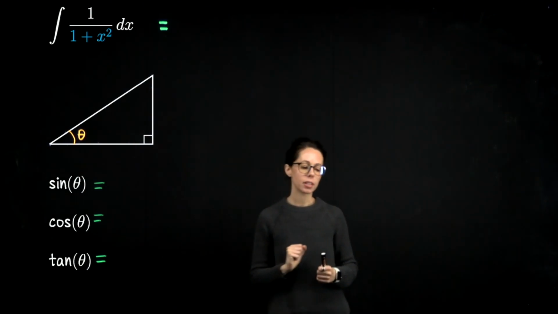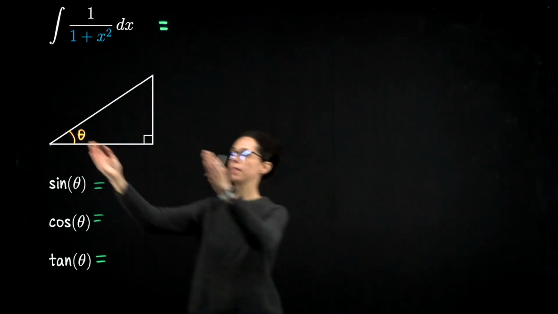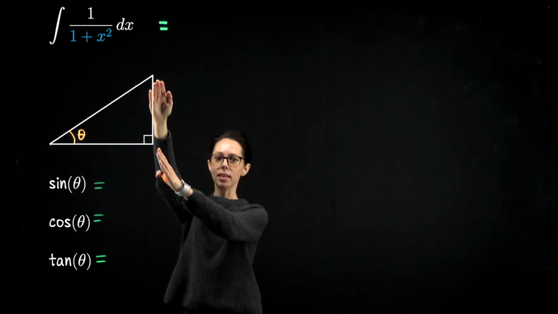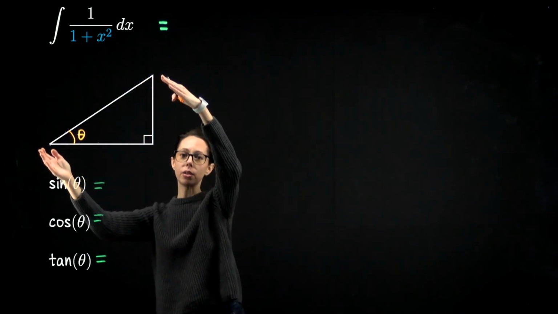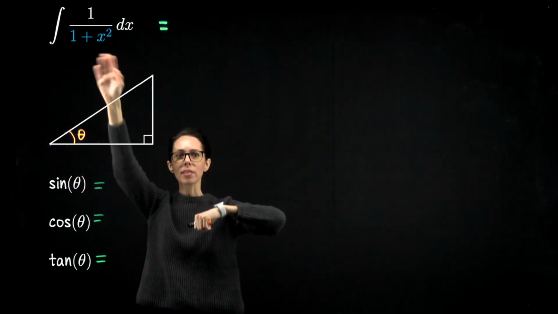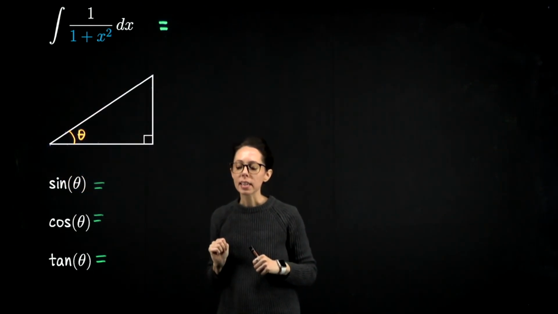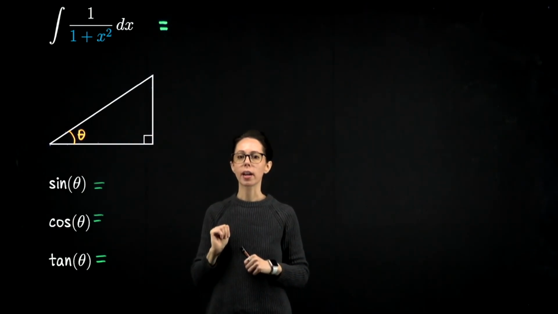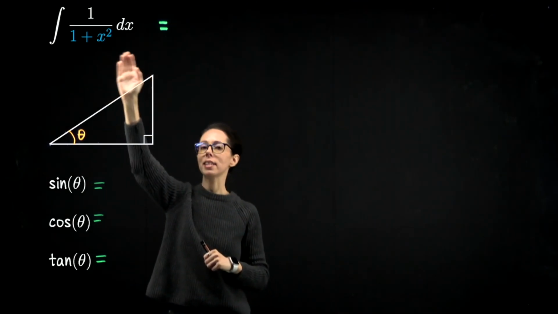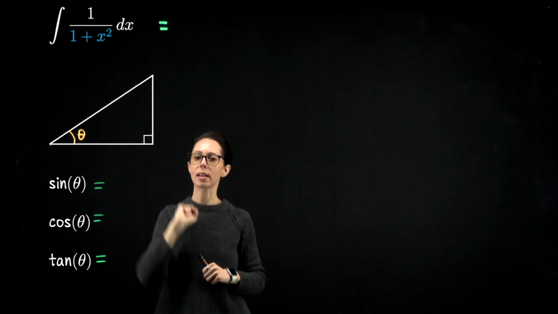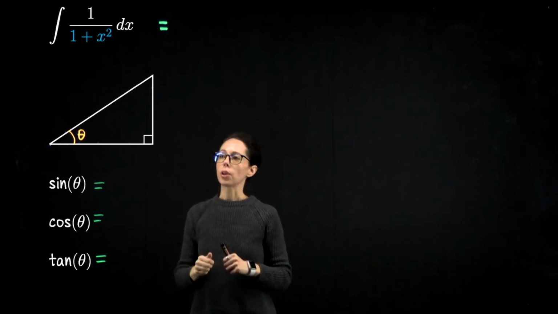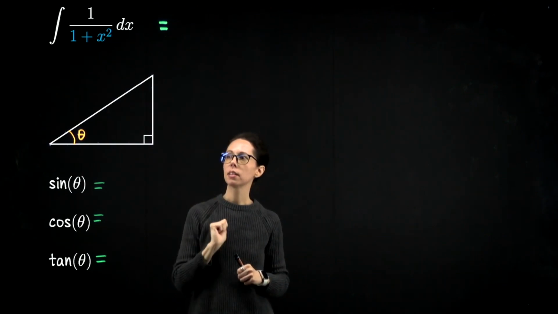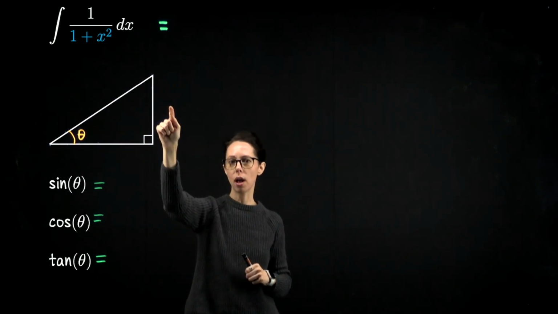Now, if you think about the Pythagorean theorem, it says this side length squared plus this side length squared is the hypotenuse squared. So the fact that we have a sum of squares here indicates that we might want to label the sides of our triangle with 1 and x, or the square root of this term and the square root of that term. Okay, so I could do 1 and x, or I could do x and 1.